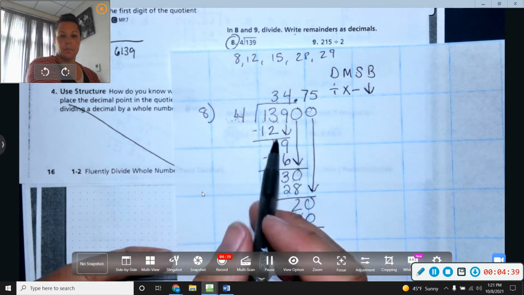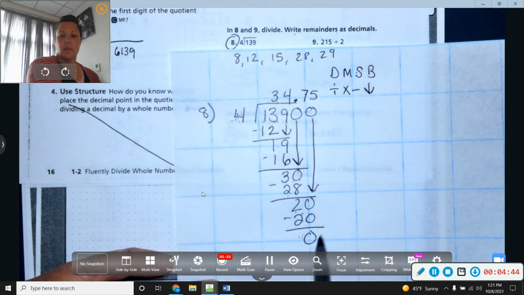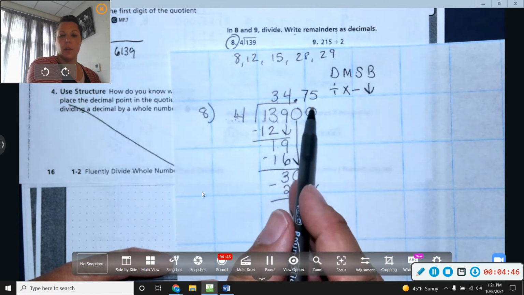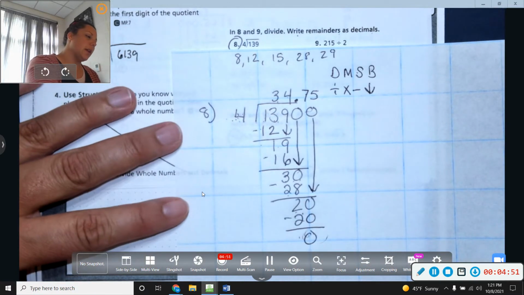Okay? So that's how we continue to divide until we get a 0 here by adding these end zeros. Okay? So now let's try number 12.